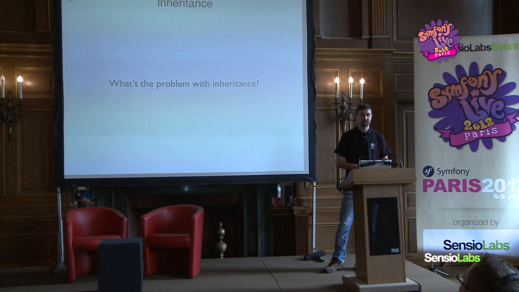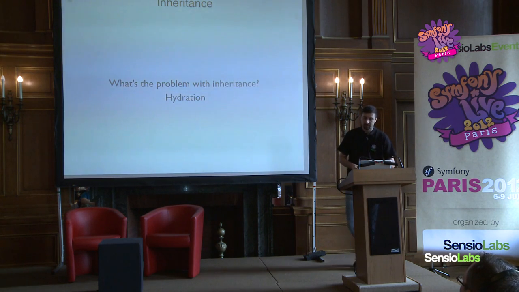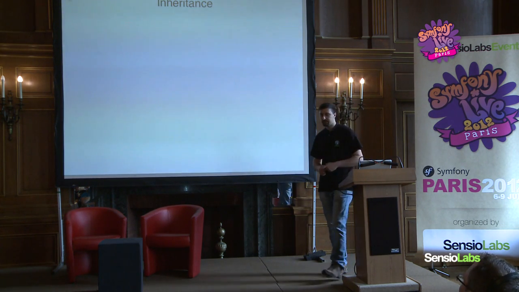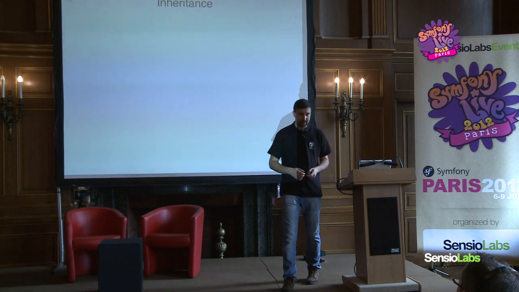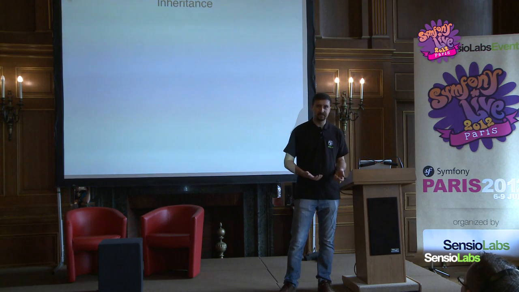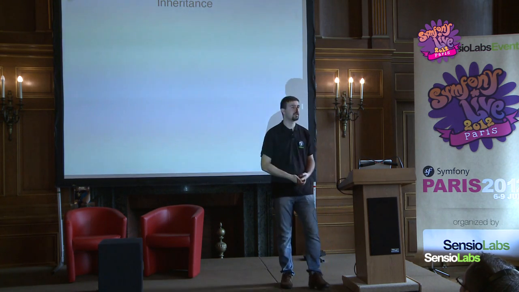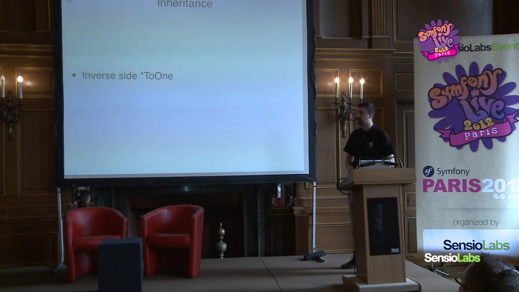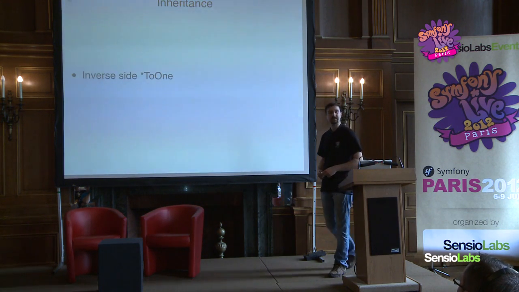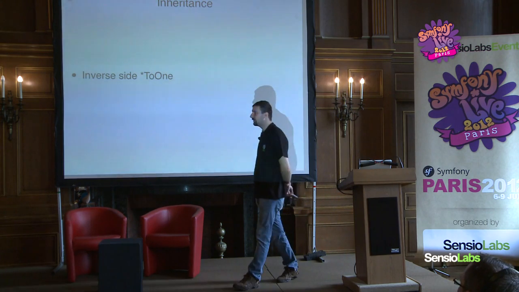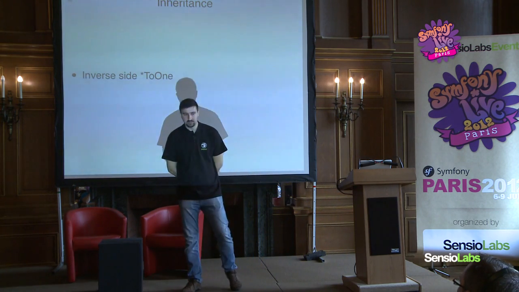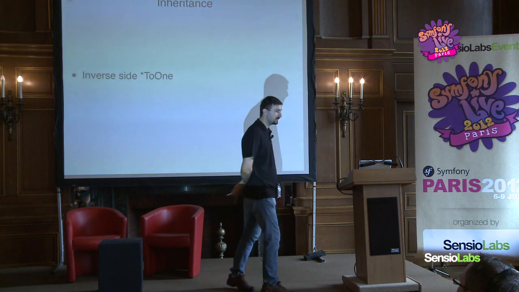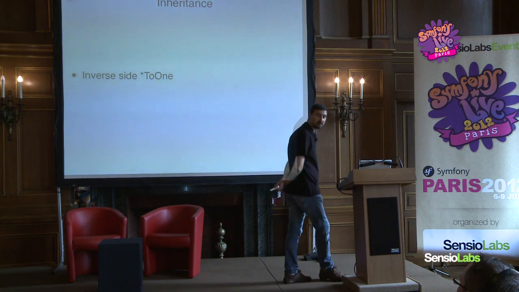So you're going to say, what's actually the problem with inheritance? It's called hydration. Why? Because there are certain places where you're just unable, and that's an object-oriented issue, to know what's going on. For example, in the case of blog post and comments, suppose that the blog post is part of an inheritance.